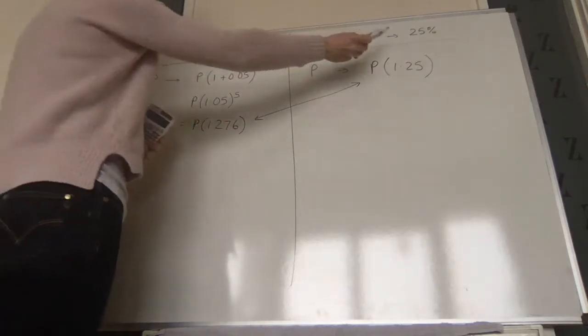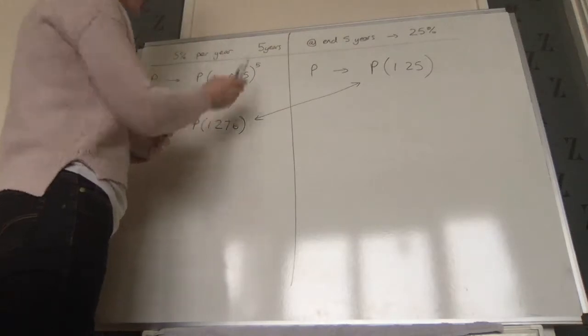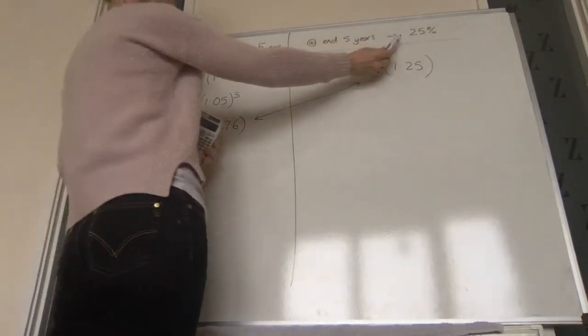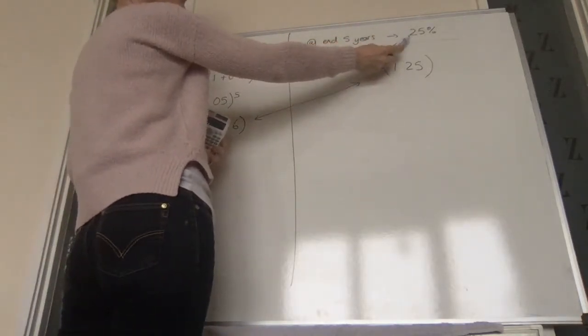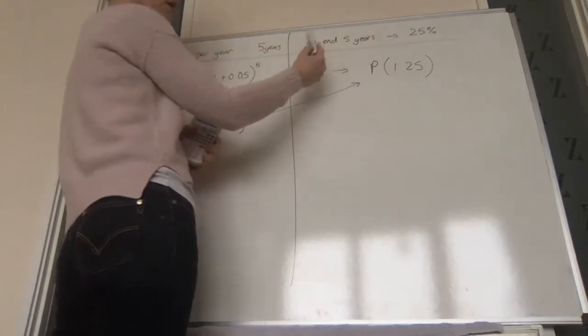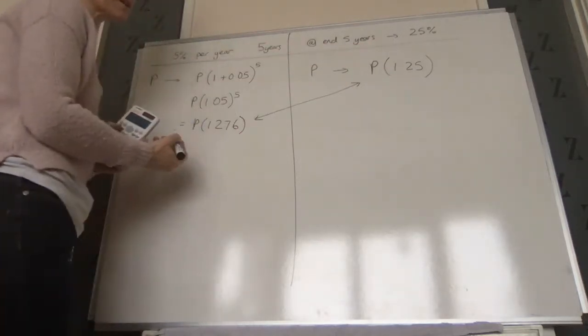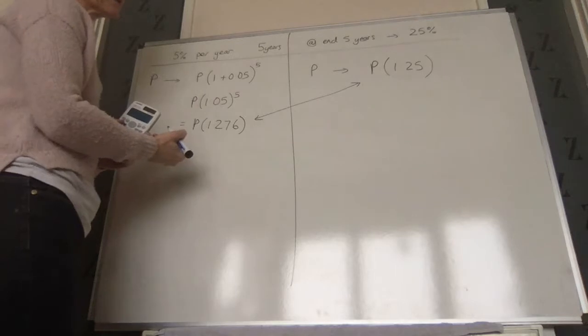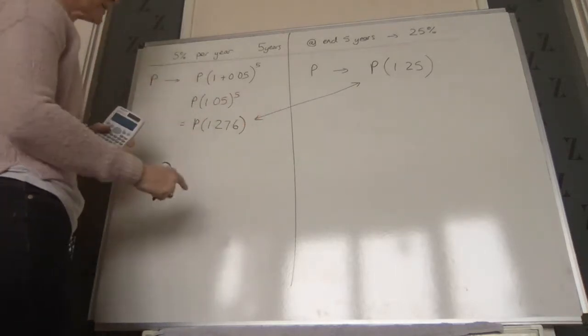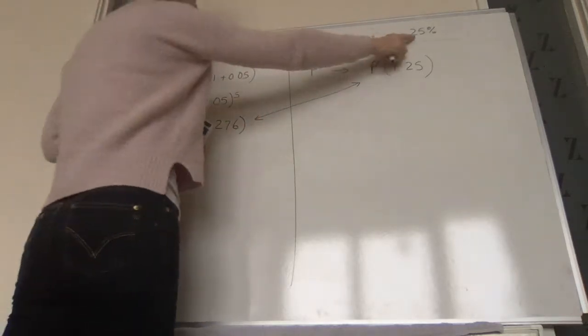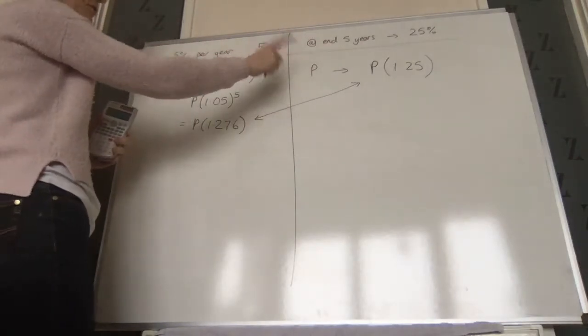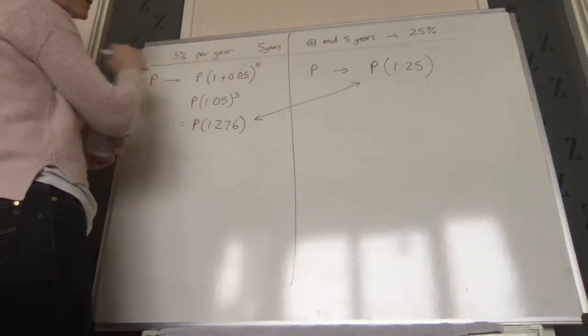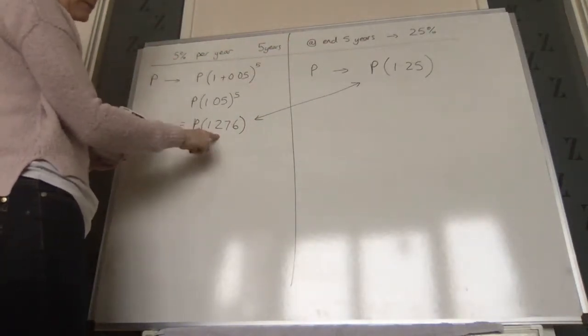This is a percentage after 5 years. If we want to figure out what percentage that equates to on a yearly basis, if it was compound interest, then this is what I want to show you next, okay? So we can see that 25% definitely does not equate to 5% per year compound interest.